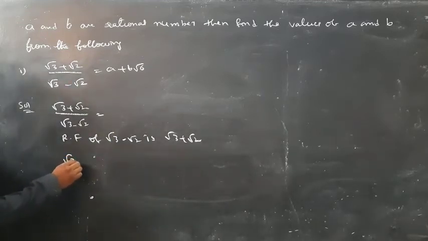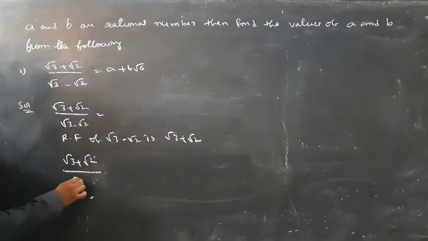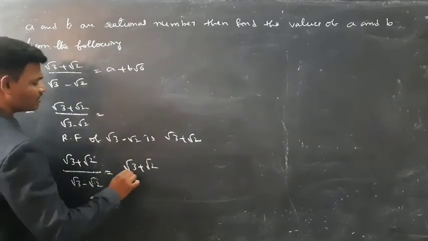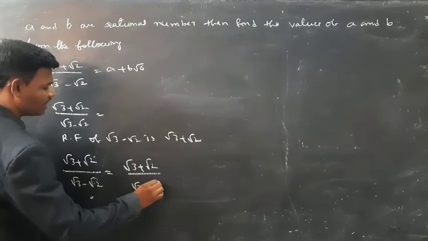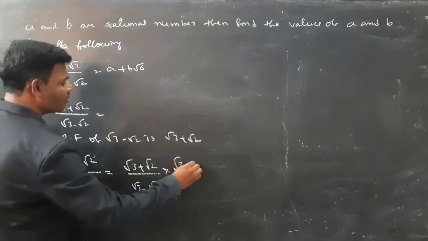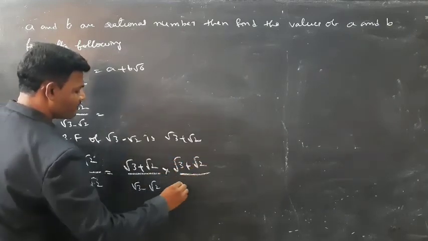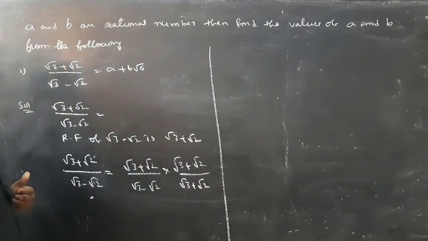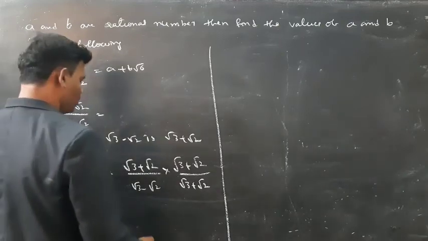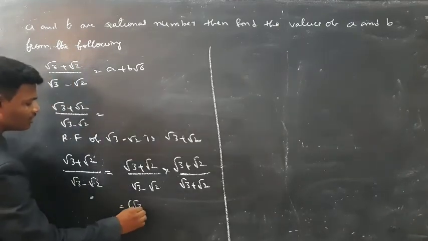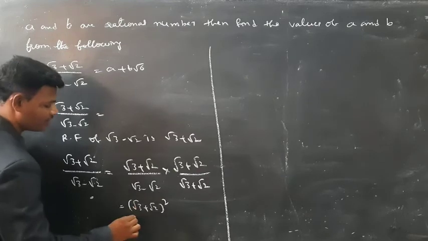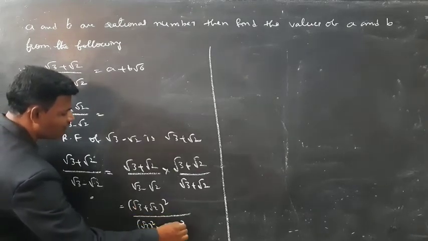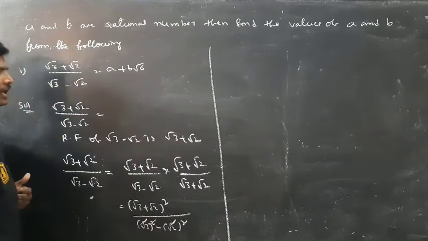Then (√3 + √2) by (√3 − √2) is equal to (√3 + √2) by (√3 − √2), into (√3 + √2) by (√3 + √2). Now multiply the numerators, multiply the denominators. By multiplying the numerators, what do you get here? (√3 + √2)² by (√3)² − (√2)².